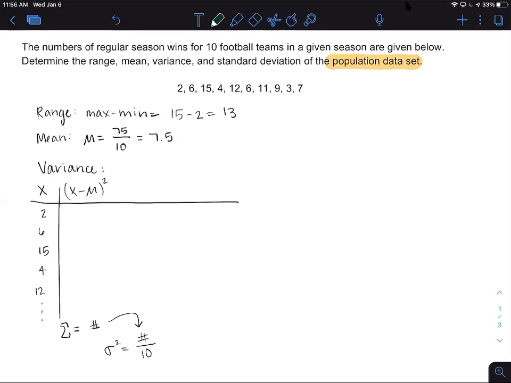Okay. And then to find the standard deviation, we're going to do square root. And remember, we find the square root of the unrounded number. So you can use the table. You can also use Google Sheets. That's what we did a couple times first quarter.